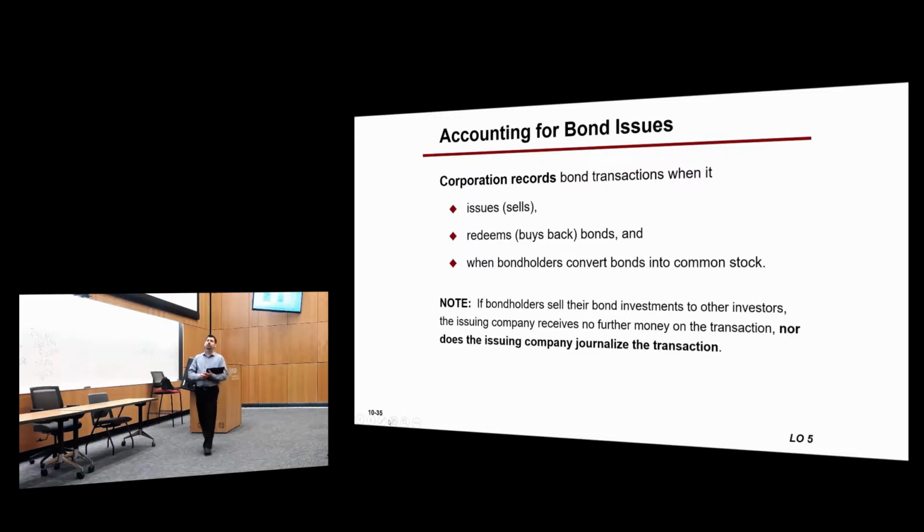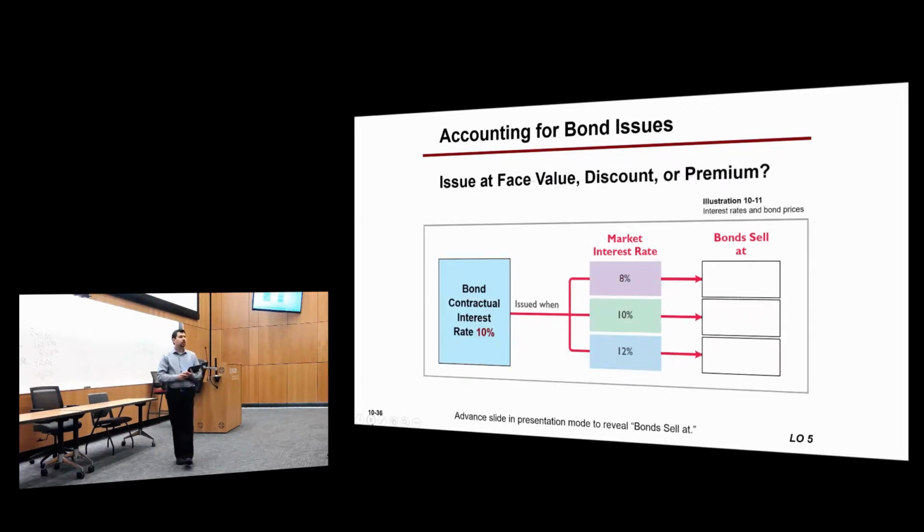So for example, this is when the company will sell their bonds at face value. When we say at face value, this is at $1,000. Okay? When do you think that this would happen?